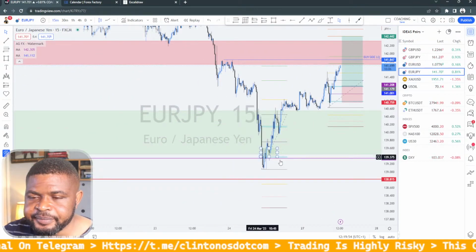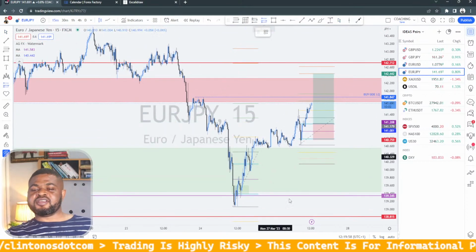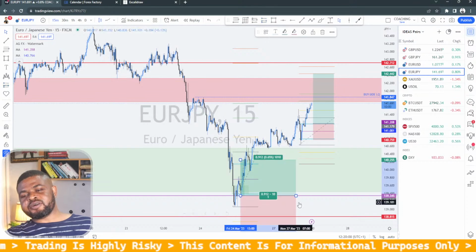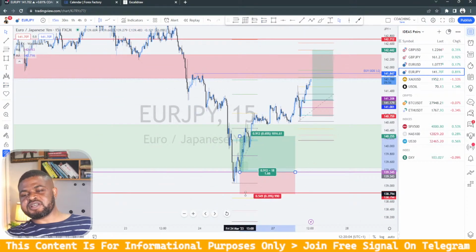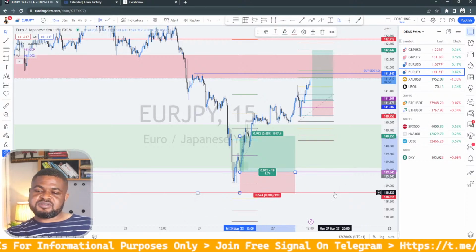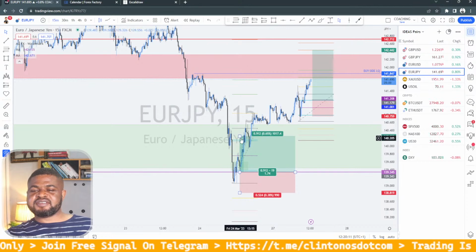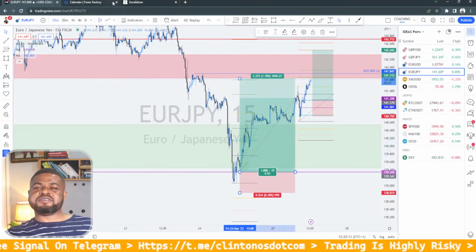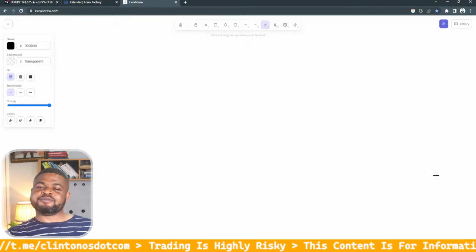So painful. I missed out on this amazing setup. Break even. I've been thinking about it, and I think break even is a waste of time. You just put the trade and forget it.